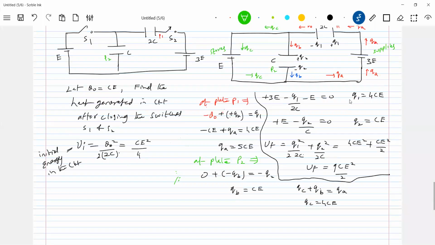Now we'll write the expression for the heat generated in the circuit. Before that, the work done by the cells. Okay, we'll first write that equation. Initial energy plus work done by the cell E, work done by the cell 3E, equal to UF plus heat generated. Initial energy we know, C E square by 2.